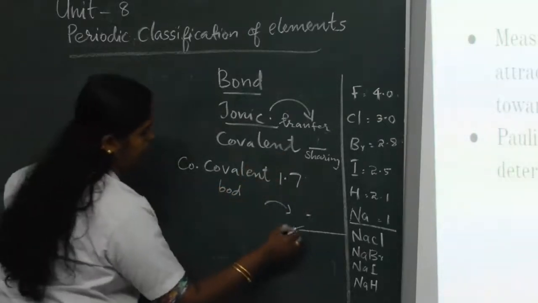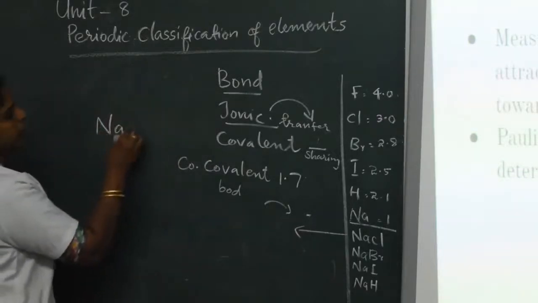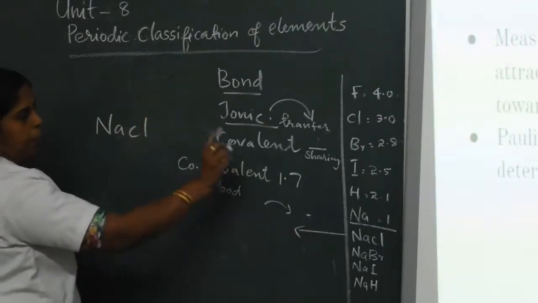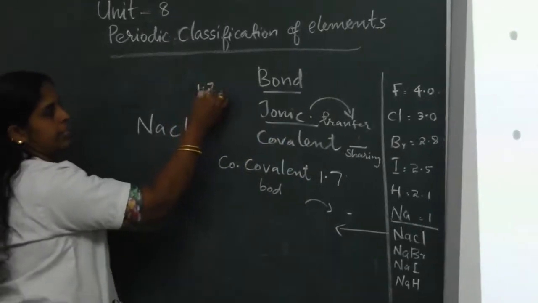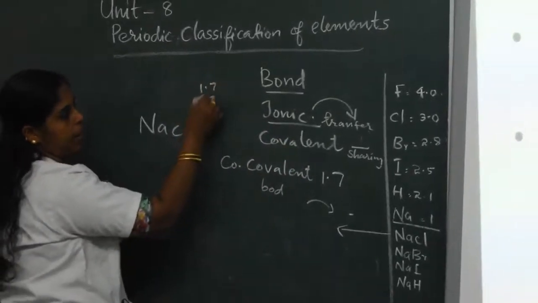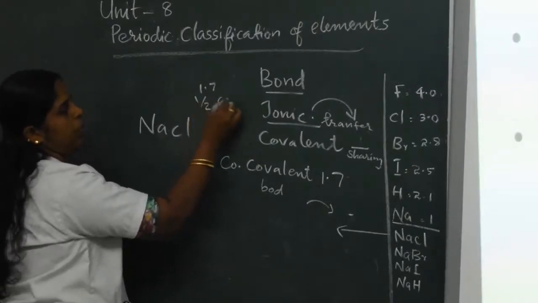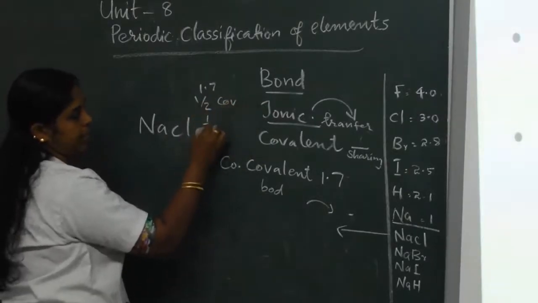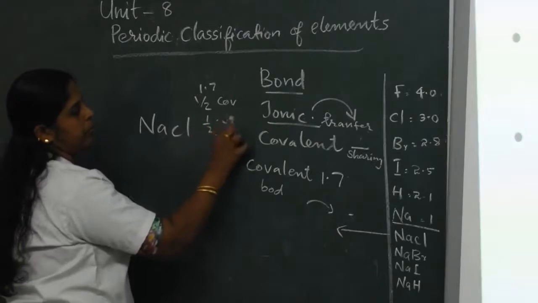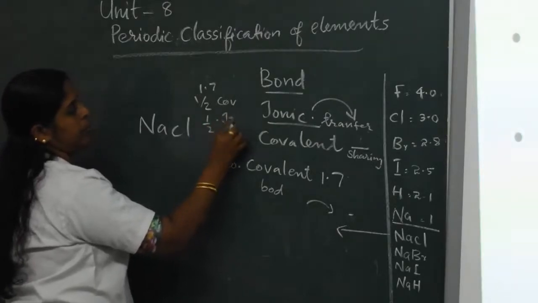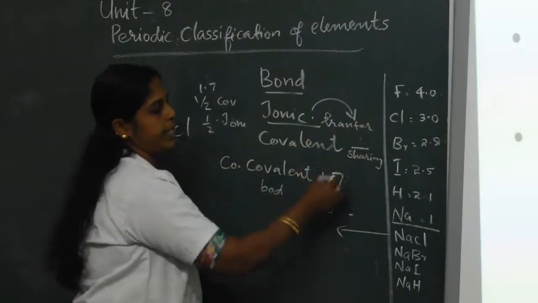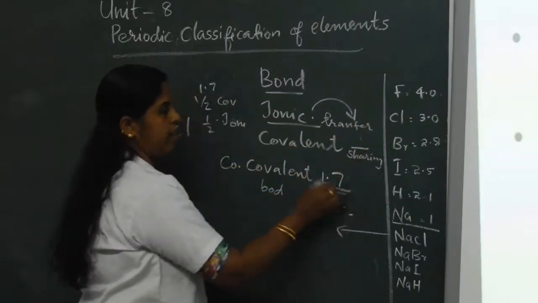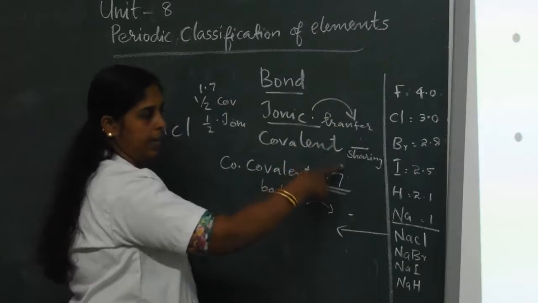If the difference in electronegativity is 1.7, it is half covalent and half ionic.